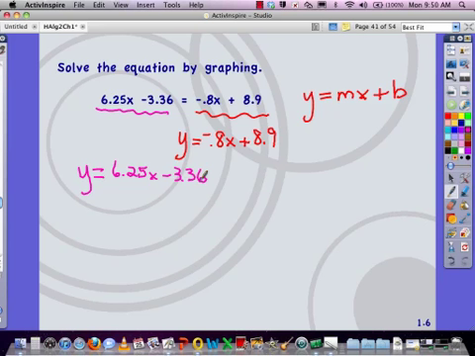When it says solve the equation, if we have two lines that do not have the same slope, because we have a negative 0.8 and a positive 6.25 for our slopes, we should be able to get two lines that intersect, and that point where they intersect, that ordered pair x, y, is what we're looking for as our solution.